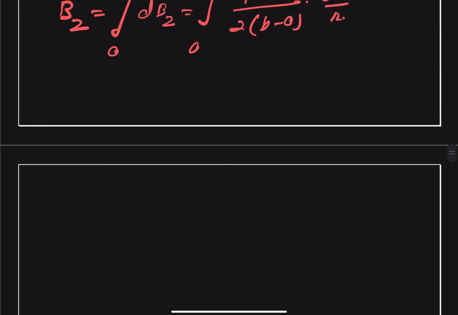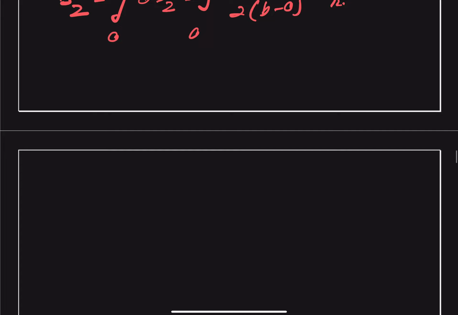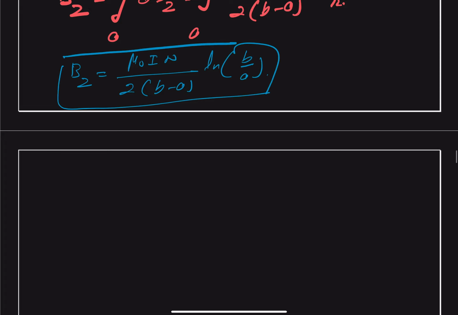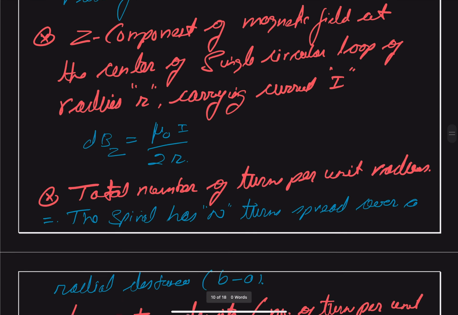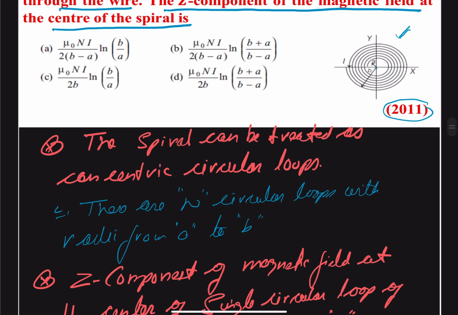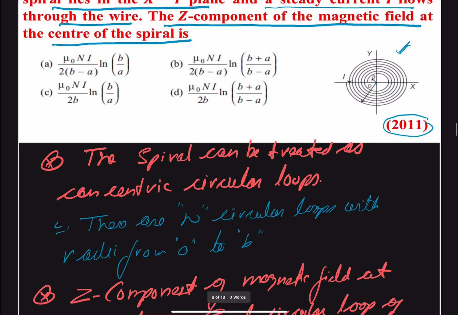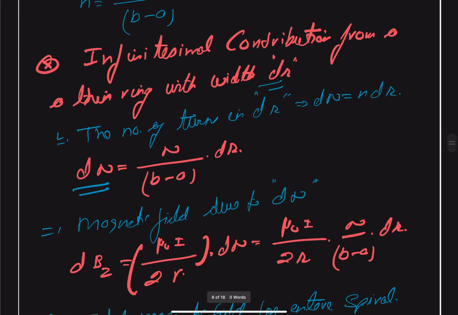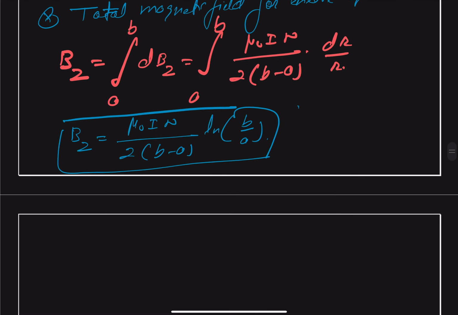Now it is quite simple, straightforward integration. So we get our Bz will be equal to mu naught I N over twice B minus A natural log B upon A. So if we check the options that are given to us, option A will be the correct one. Option A is correct.